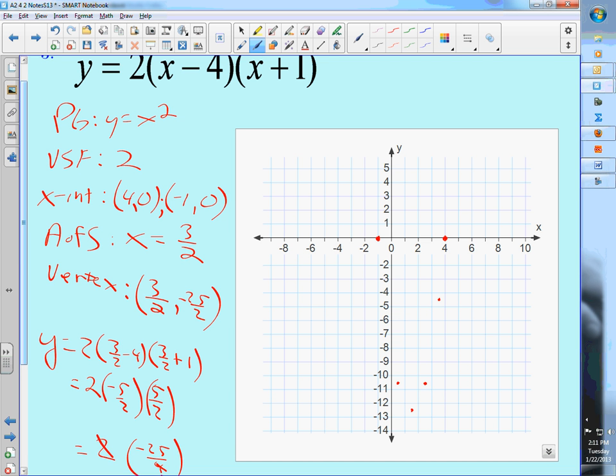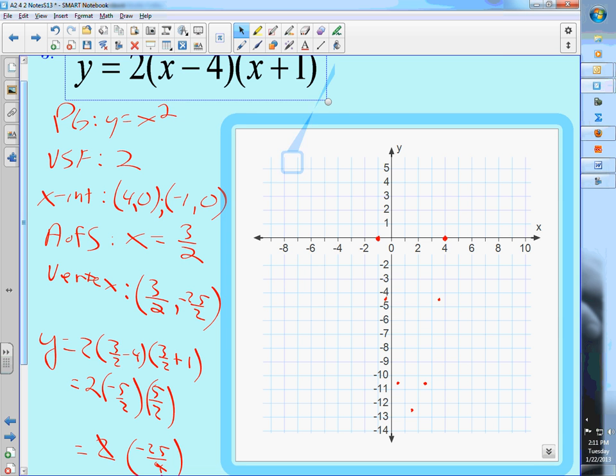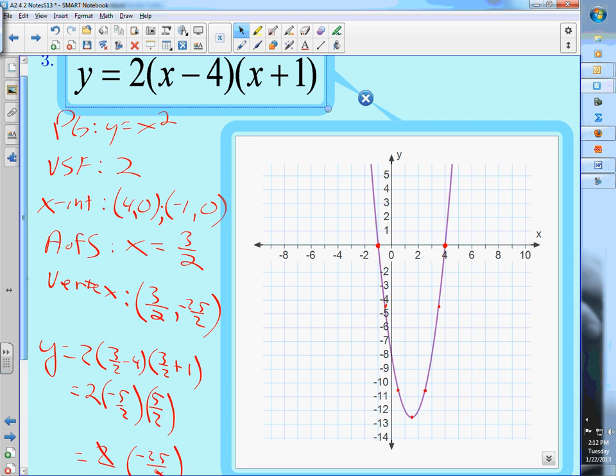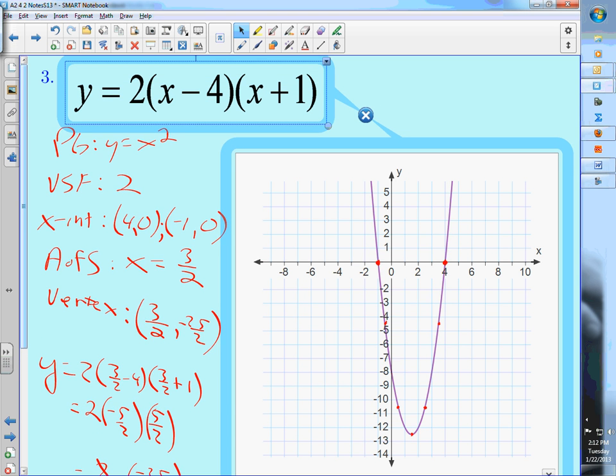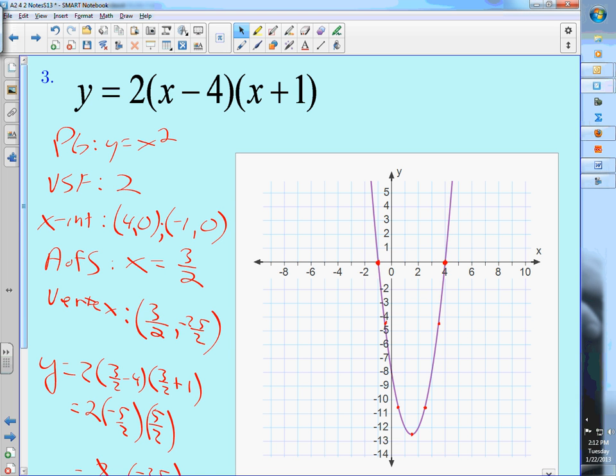Right up here, and left 2, up 8. And you can see that when you connect your graph, we luck out. Even though they're not pretty points to generate the parabola, our x-intercepts are nice. And that's the best thing about intercept form. You can get the intercepts very quickly, very easily. Whether they're pretty or not is irrelevant.